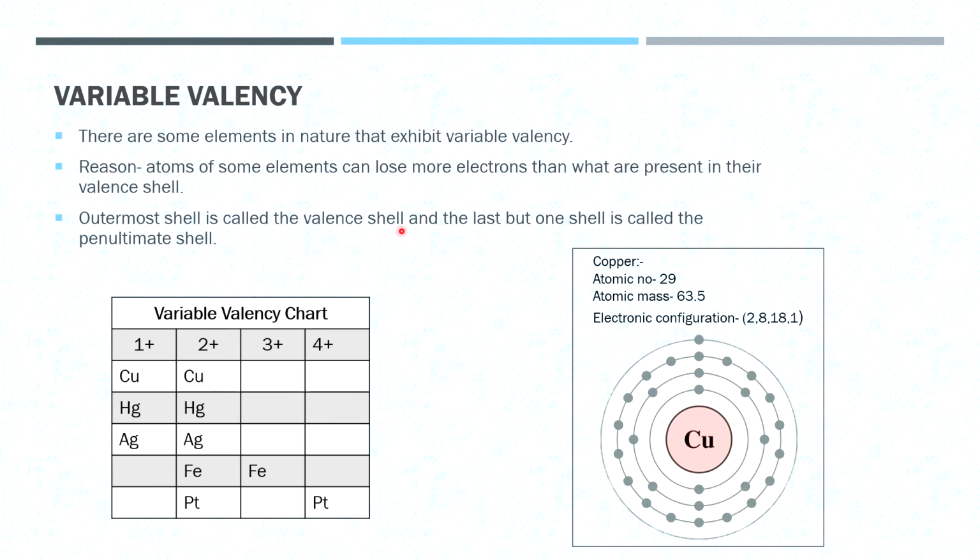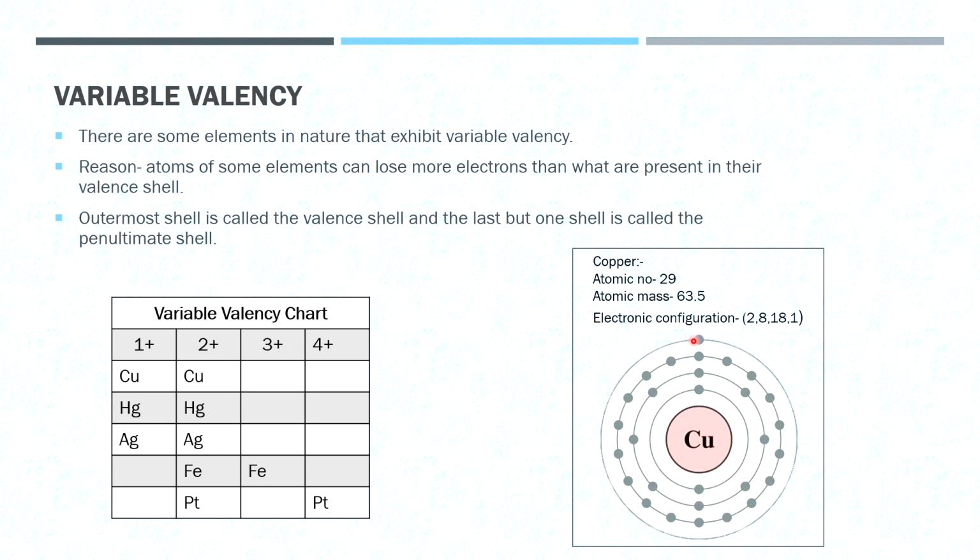Outermost shell is called the valence shell, and the last but one shell, meaning the second last shell, is called the penultimate shell. Now I'll explain how the phenomenon of variable valency occurs with the example of copper atom.